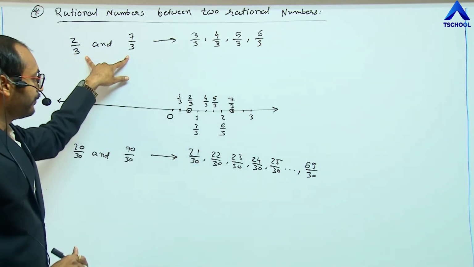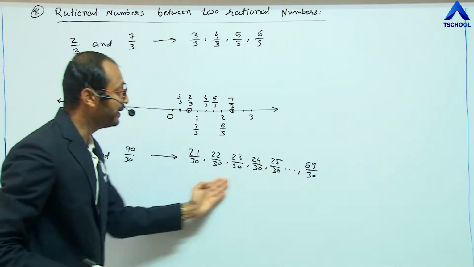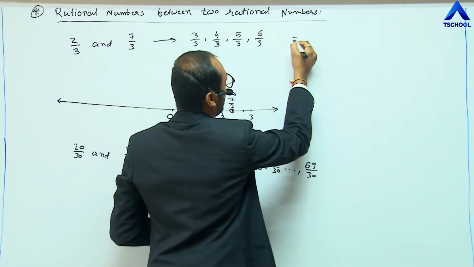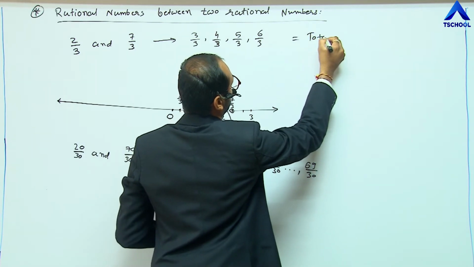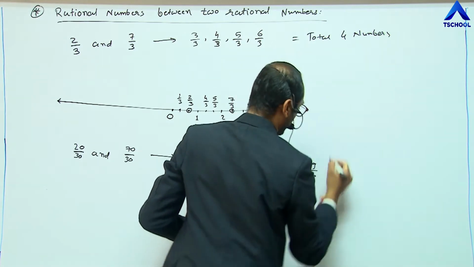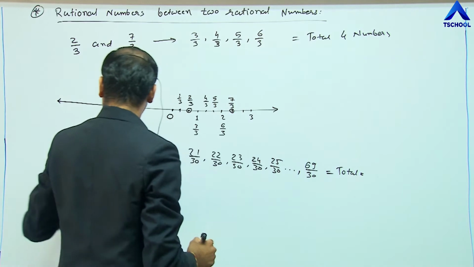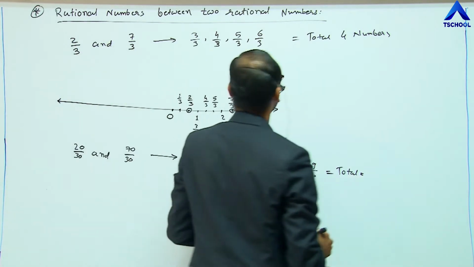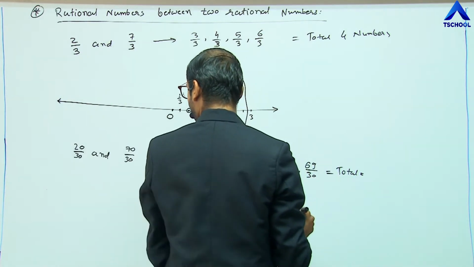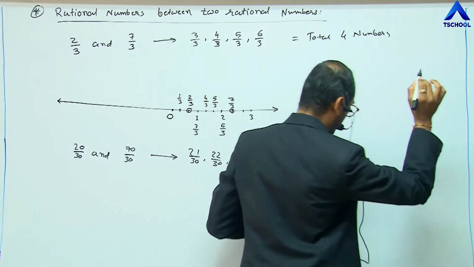But if I multiply by 10 in numerator and denominator, how many numbers are there? Here are a total of 4 numbers. Here, from 20 to 70, that means 49 numbers.